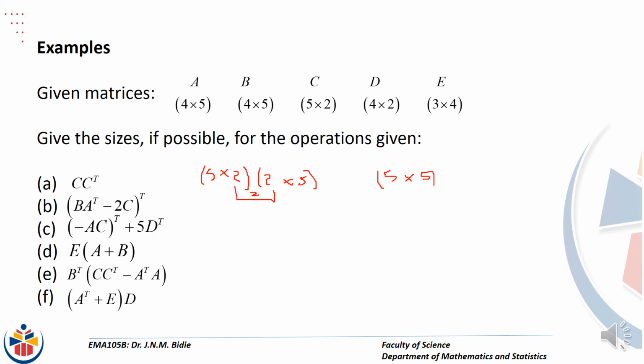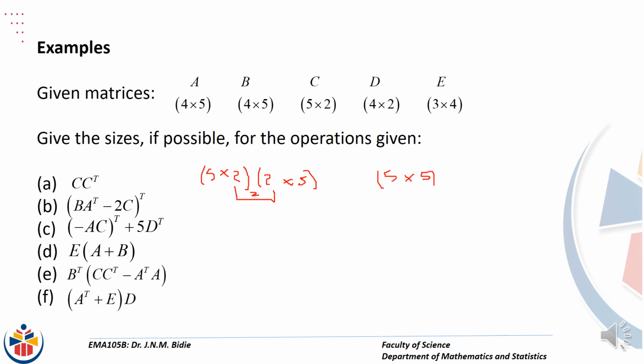Minus 2 times C. C is a 5 by 2 matrix and it's multiplied by a scalar. Remember, a scalar does not change the size of a matrix. So 2 times matrix C will still be a 5 by 2.